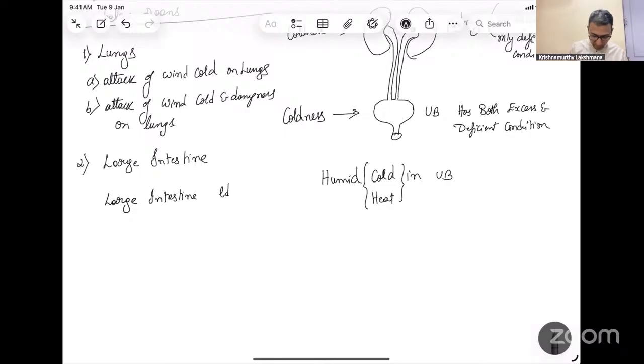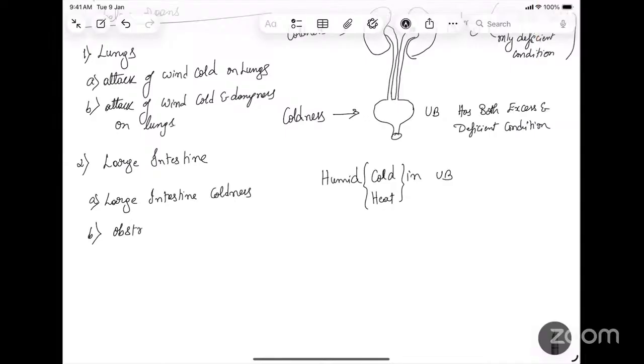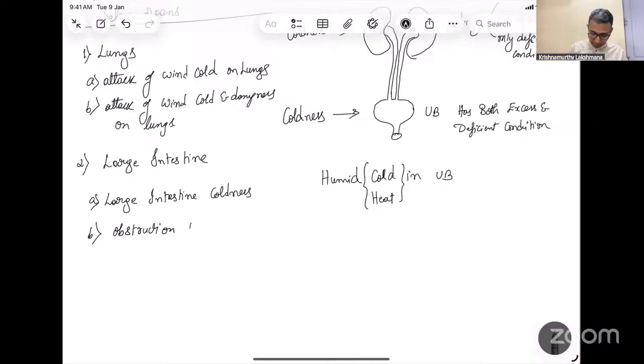And obstruction in large intestine due to coldness.